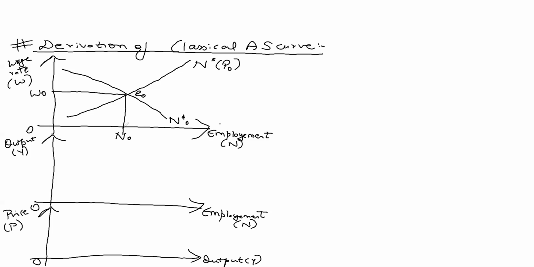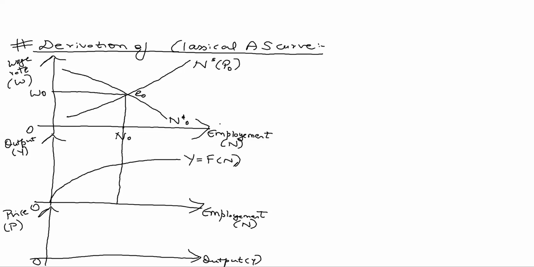Now, corresponding to this level of employment, I have a production function. Output is a function of employment. All of us are familiar with the production function, right? The only thing is we don't have capital here. We have output as a function of employment, and you can see that the production function is concave to the origin because of diminishing marginal productivity of labor.